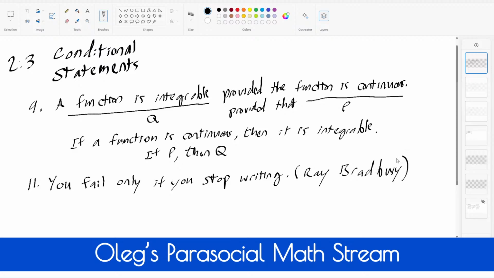Okay. You fail only if you stop writing. Okay, so then we need, see here, let's look at the form. P only if Q. Perfect. So, hang on.